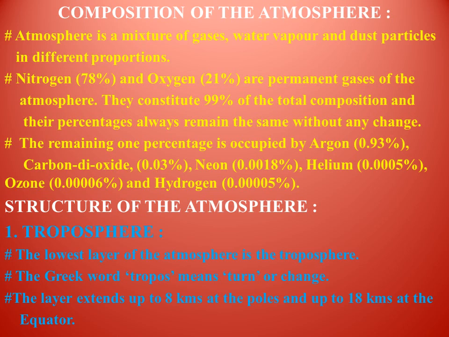The temperature decreases with increasing height. Almost all weather phenomena take place in this layer. Hence, it is called the weather making layer. The upper limit of the troposphere is called the tropopause.